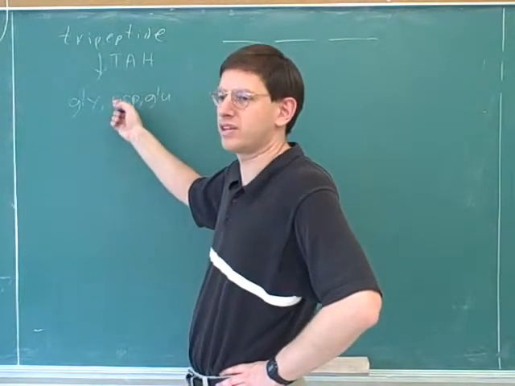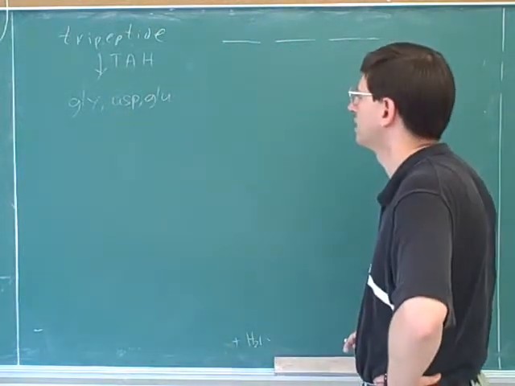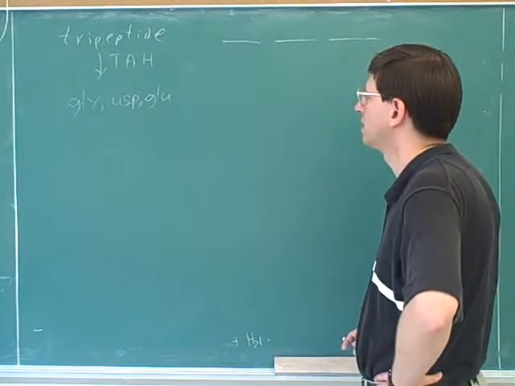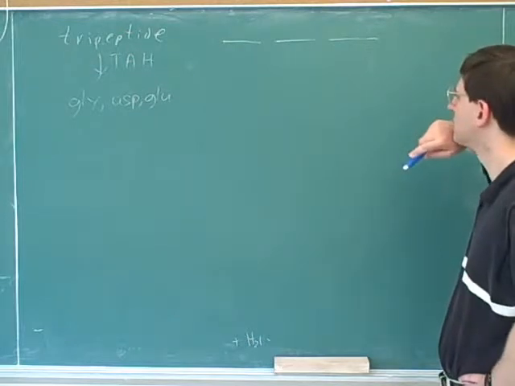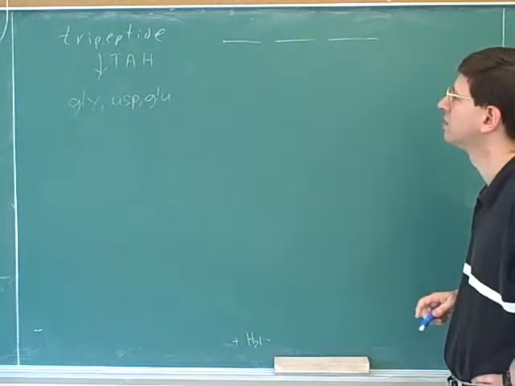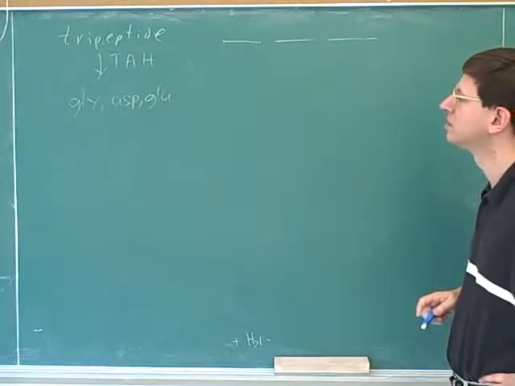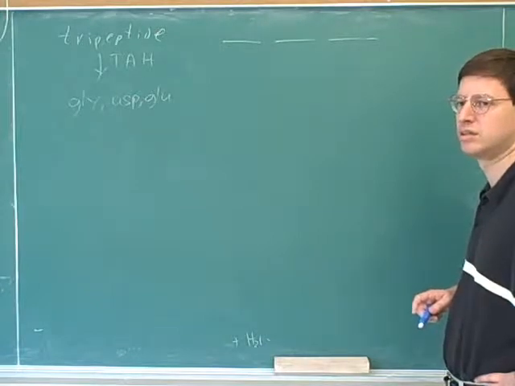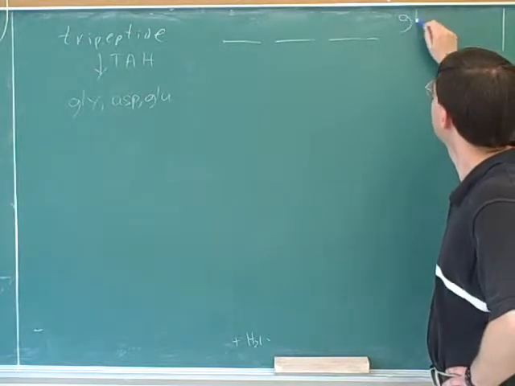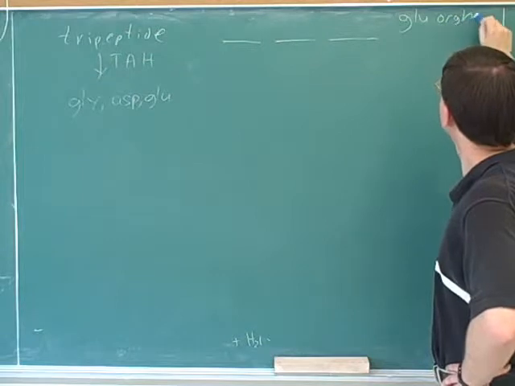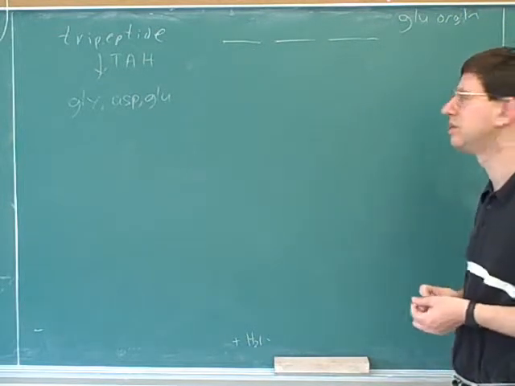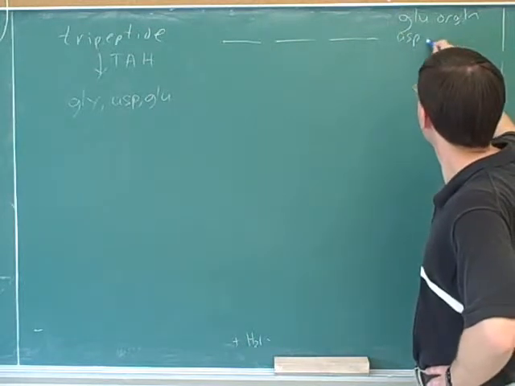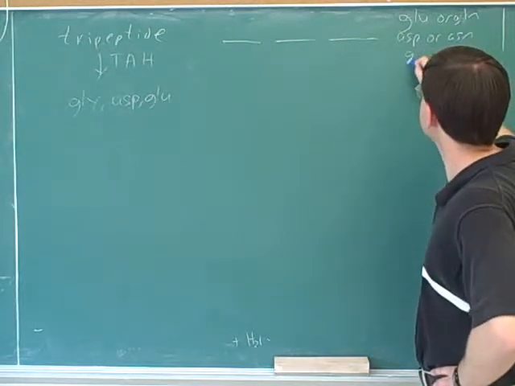Let's say we got these three: Gly, Asp, and Glu. What could the original amino acids have been? Glu or Gln, aspartic acid, and glycine.